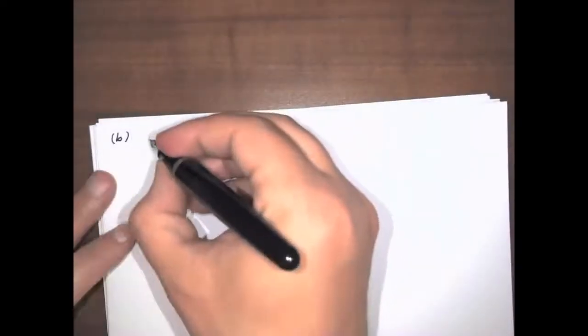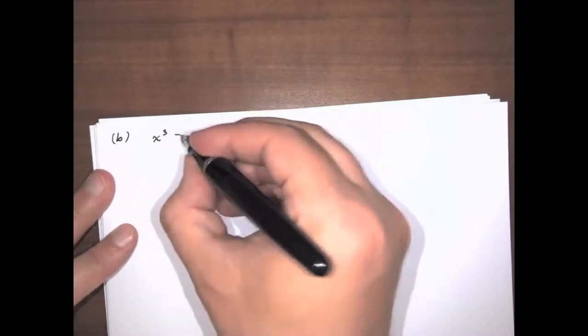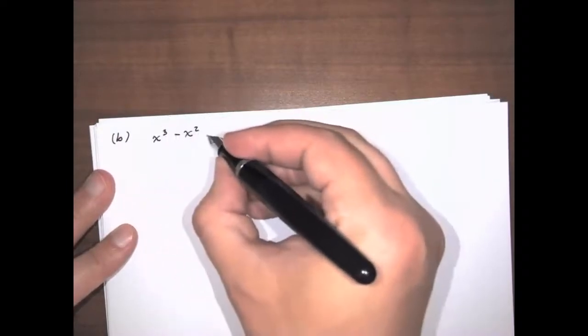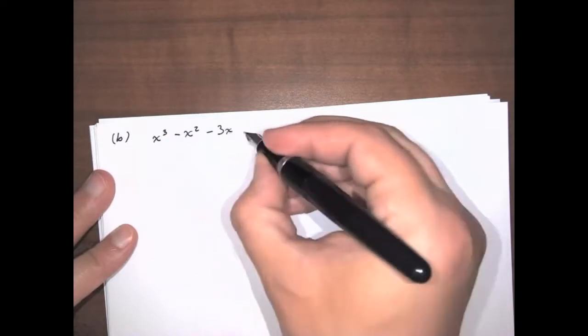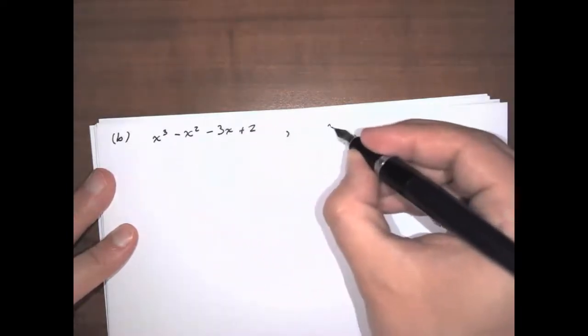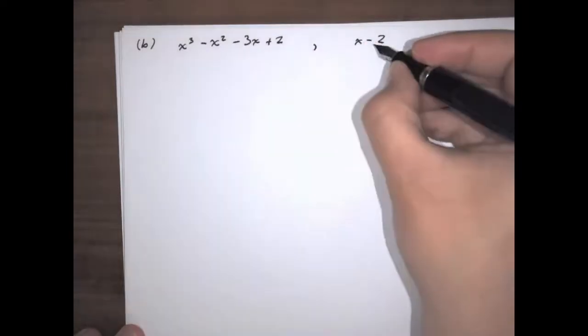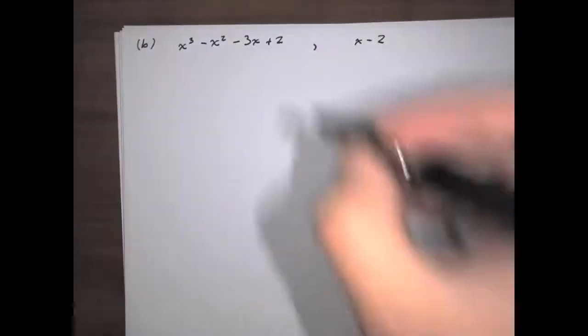Now let's try this again one more time with a polynomial, x cubed minus x squared minus 3x plus 2, and a factor of x minus 2. So this is supposedly one of the factors of that.